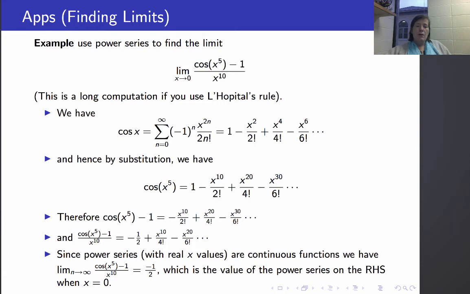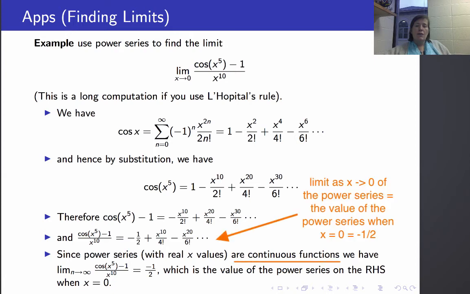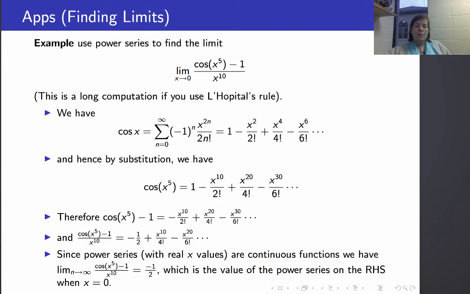And now power series are continuous functions. So I have the limit as x goes to 0 of this power series is the value of the power series at x equals 0.